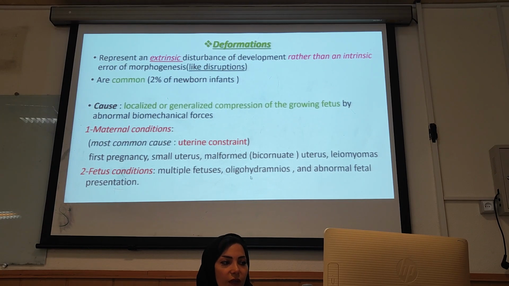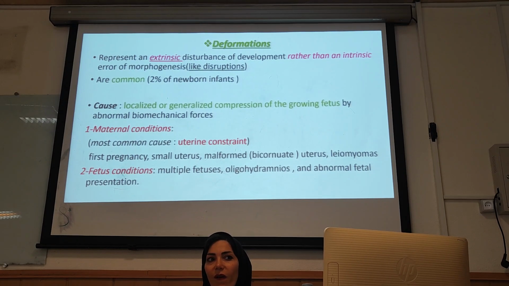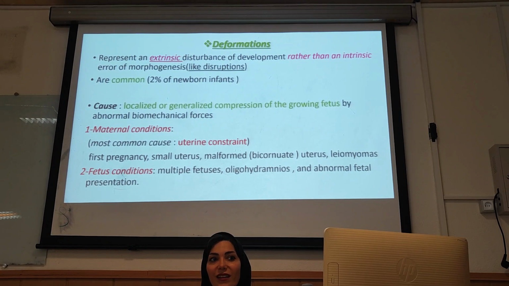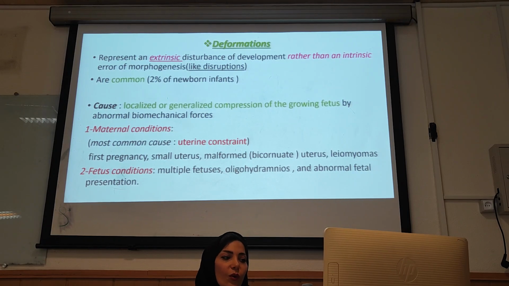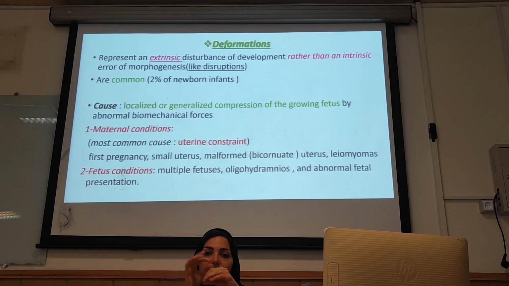Do you know what oligohydramnios is? Too much amniotic fluid? You said oligo? Oligo, oh okay, oligo, too little. Too little, yeah, I thought you said poly. Too low amniotic fluid because of leakage of the amniotic fluid from the amniotic membrane.